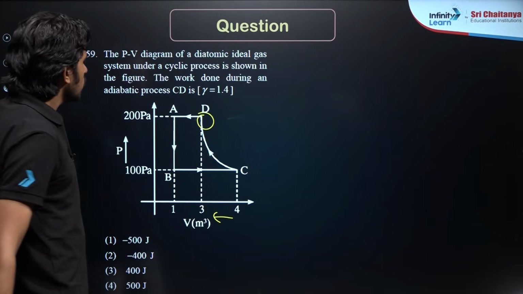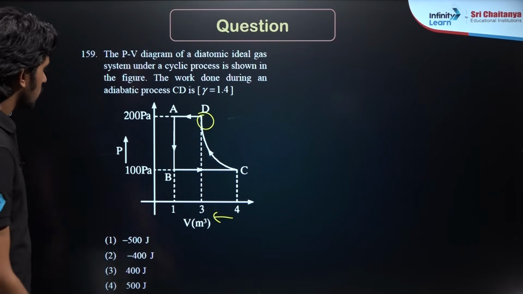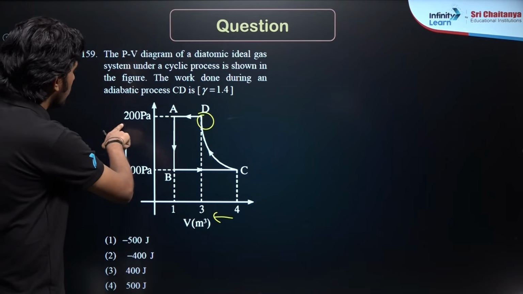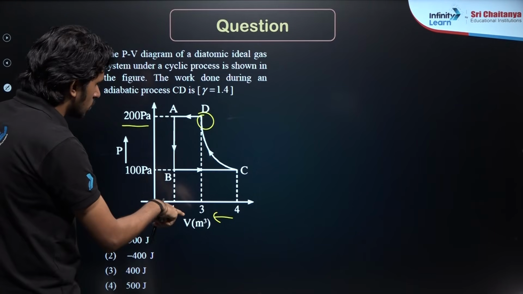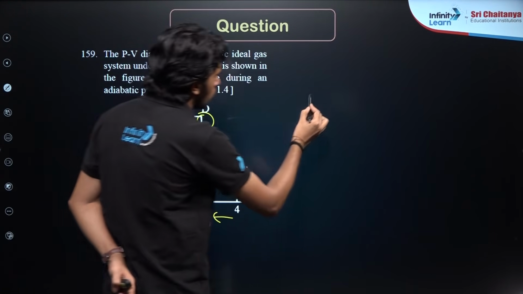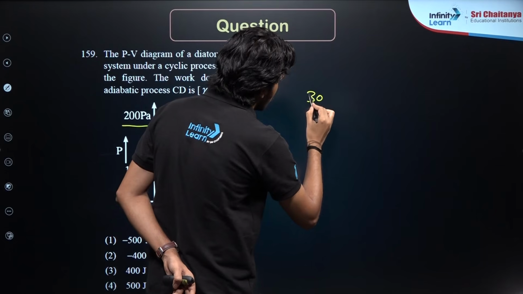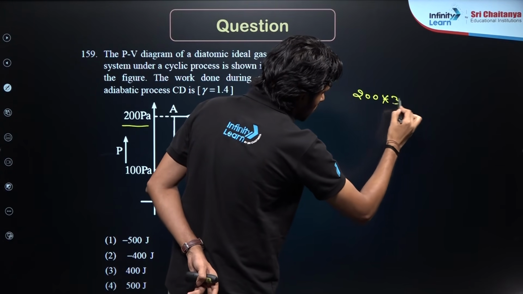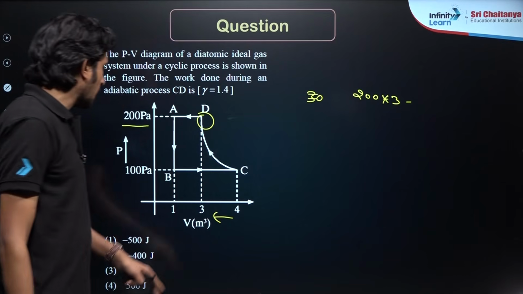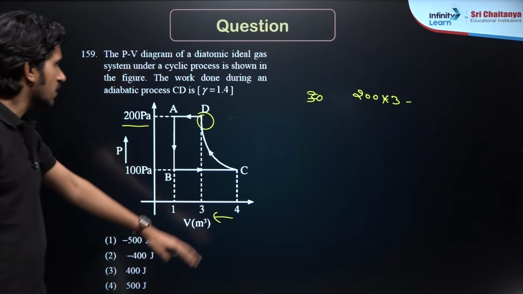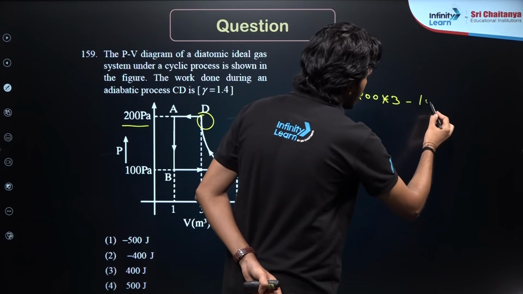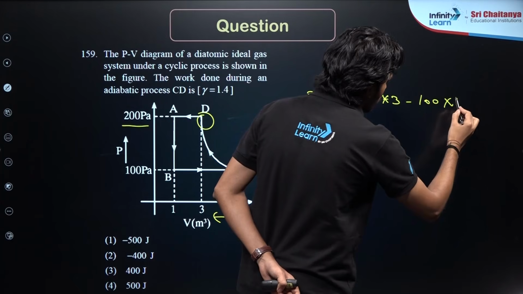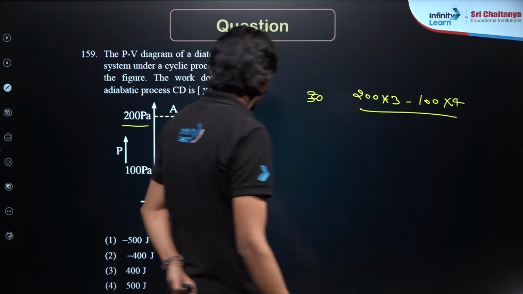P2V2 is the final pressure and volume: 200 Pascal into 3 meter cube. So 200 into 3, minus P1V1, 100 into 4, upon 1 minus gamma.